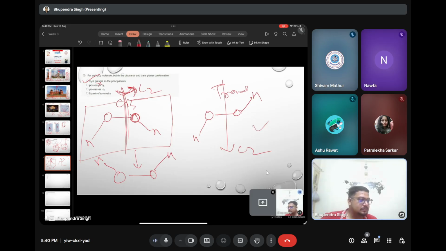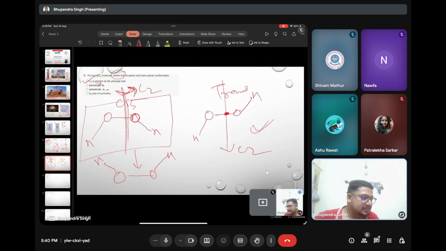Sigma H is present in this one, trans, because your C2 axis is like here. This is your C2 axis. Rotating from here. In this it is present, sigma H. Anyway, both here it is written both in.